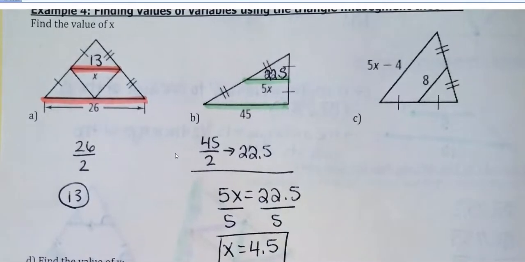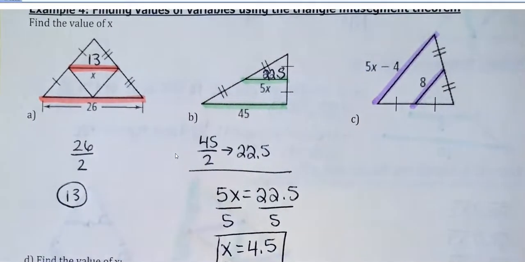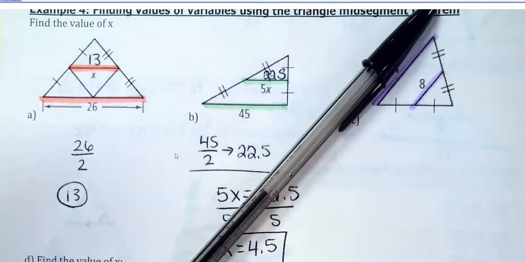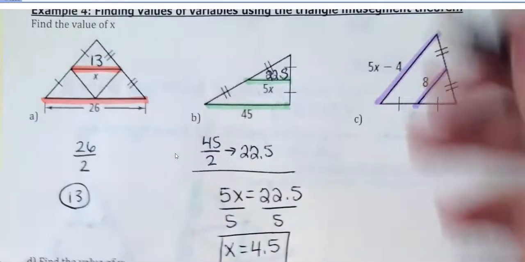Now, similar. On this question, I have a mid-segment labeled with an 8, and the side it's parallel to in the triangle has the expression 5x minus 4. Let me ignore that expression for a second. If the mid-segment is 8, what should the side in the triangle be that it's parallel to? 16. Oh, I thought someone said 12. So this should be 16.